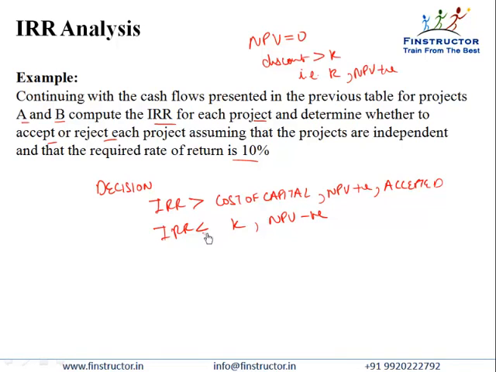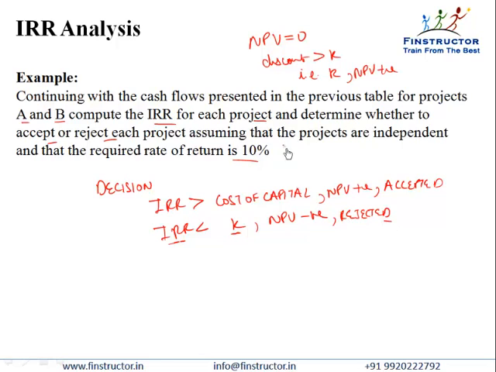Why? Because discounting at the IRR gives me an NPV of 0. If I actually discount by the cost of capital, which is the correct method of calculating the NPV, then the NPV will come out to be negative, because discounting at a lower rate gives me a number of 0. Discounting at a higher rate will give me a negative number, so the project should be rejected.